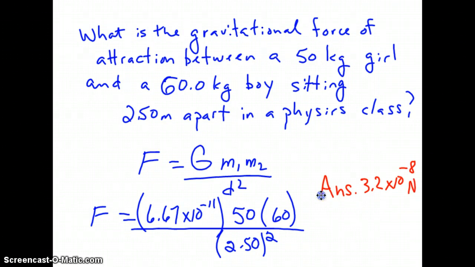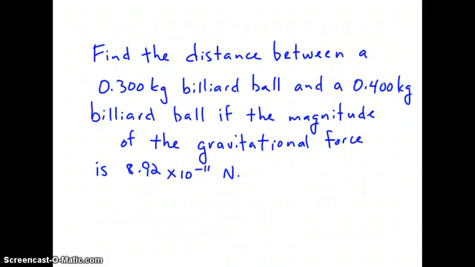Now, I'm going to give you a practice problem. Pause the video, try and solve the problem on your own, and when you're finished, press play to check your work. Find the distance between a 0.3 kilogram billiard ball and a 0.4 kilogram billiard ball if the magnitude of the gravitational force is 8.92 times 10 to the minus 11 newtons.